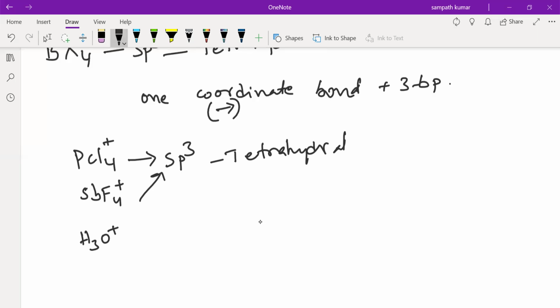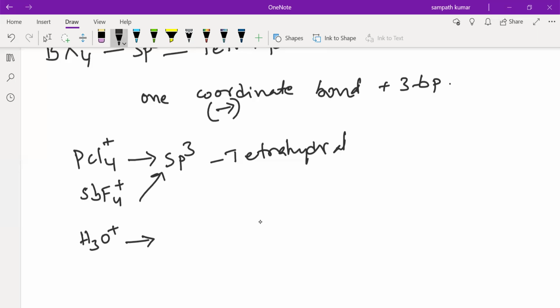H3O plus, what is the hybridization, what is the geometry, Nana? Have you seen this molecule anywhere? sp3, sir.